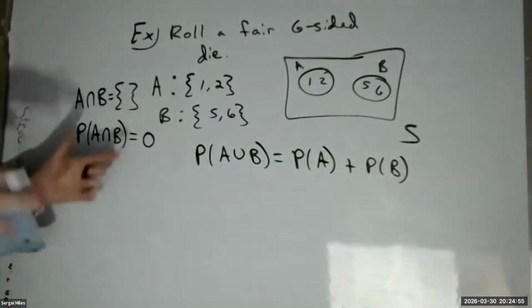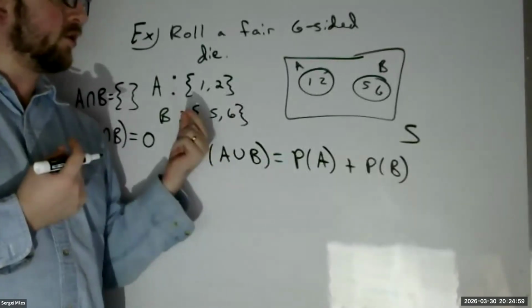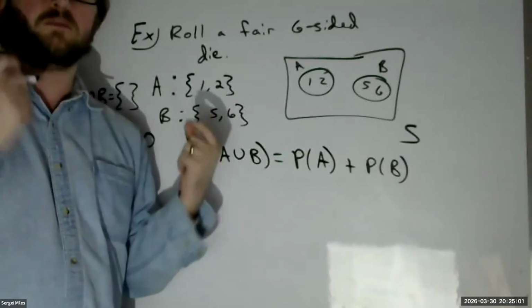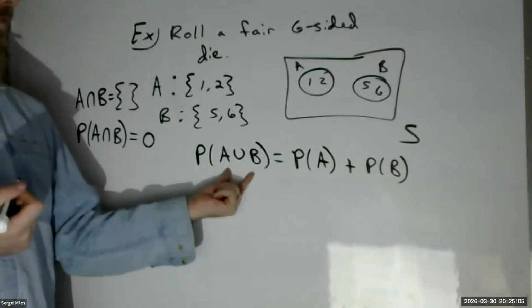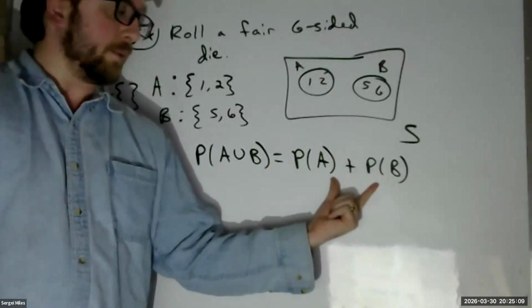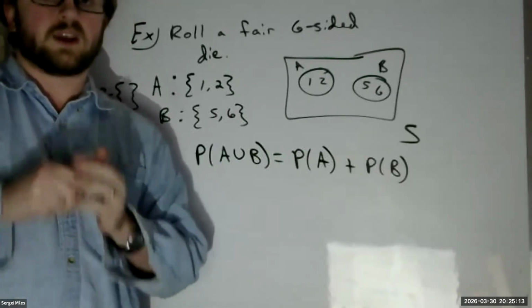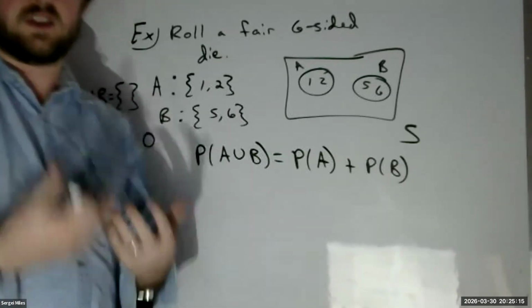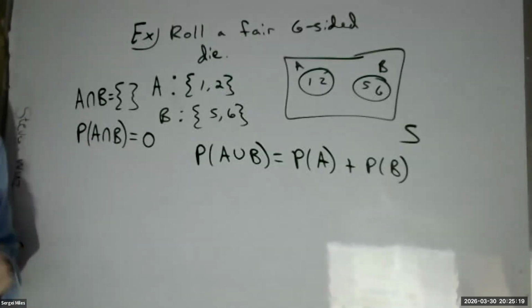So this is a variation of that additive rule, which just says that if our events are what is called mutually exclusive, then the probability of their union is just adding the two probabilities together, and that's it. Easy peasy, right? So again, what was that word I was just using? That is the definition for mutually exclusive.